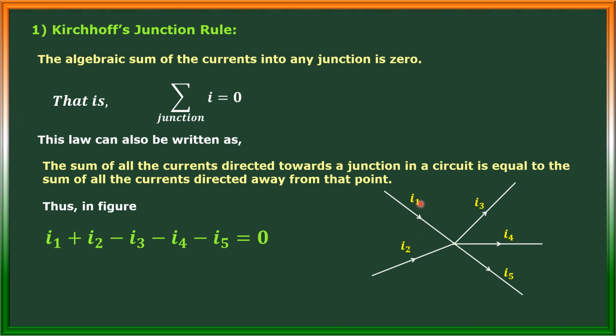I have considered I1, I2 as positive and the remaining three currents I3, I4, I5 as negative because they are leaving from the junction. So the algebraic sum of the currents into any junction is 0. It means I1 plus I2 is equal to I3 plus I4 plus I5. That means the sum of the currents entering into the junction is equal to the sum of the currents leaving from the junction.